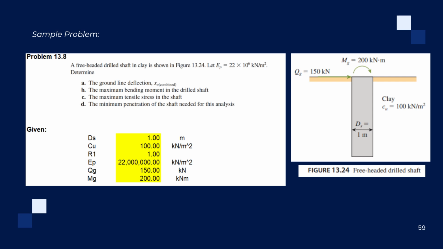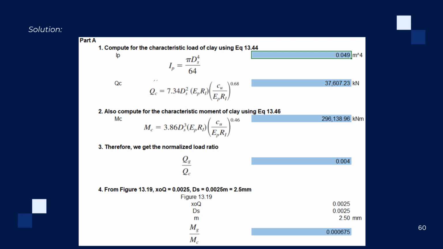We're given DS of 1 meter, CU of 100 kN per meter squared, RI is 1, EP is 22 times 10 to the power of 6 kN per meter squared, QG is 150 kN, MG is 200 kNm. Also, we need to compute the moment of inertia of a circular shaft section. IP is equal to pi D to the power of 4 over 64.